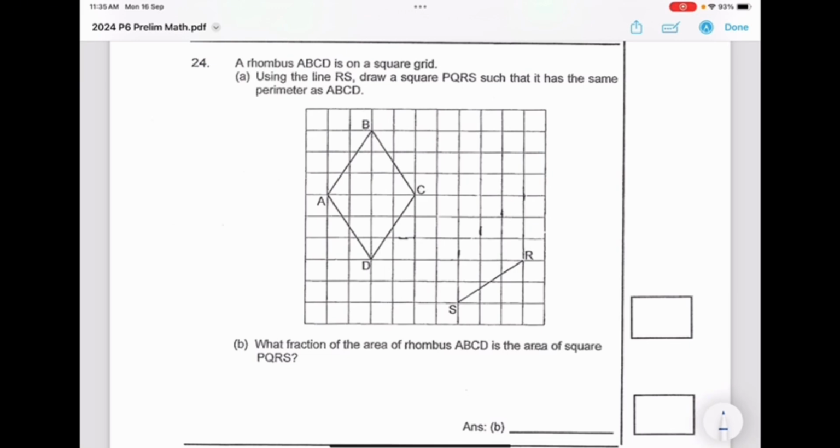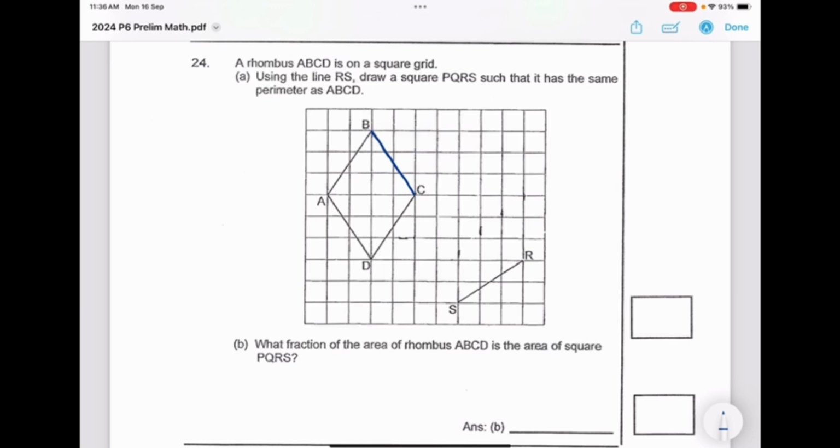Alright, first thing I want to do, I want to look at ABCD. Knowing that ABCD is a rhombus, I know for sure that every side of my rhombus is the same. So I'm just going to pay attention to one side of the rhombus. Whenever we are met with a square grid kind of question, I want to count the vertical jumps and the horizontal jumps to measure my lines.